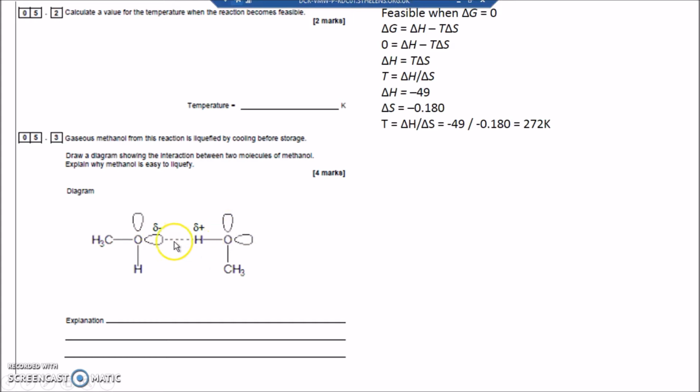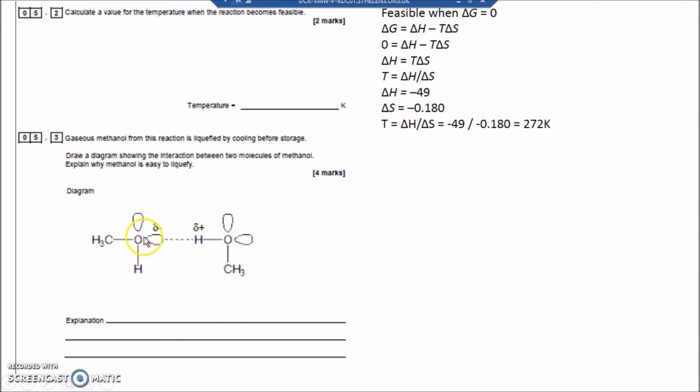You've got to draw the pair of electrons in because it's the pair of electrons here that attract with a hydrogen bond to the delta plus on the H. So remember, anytime you have a hydrogen bond to an oxygen or a nitrogen or a fluorine, then the oxygen is very much more electronegative than the hydrogen, and so the hydrogen ends up with a delta plus, and the lone pair of electrons on the O attract the delta plus, and you line it up like this.